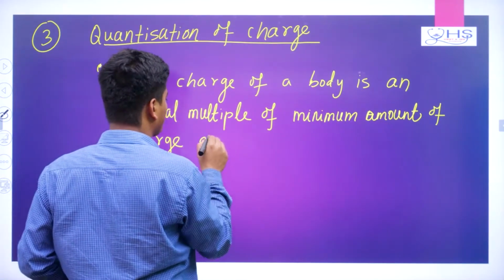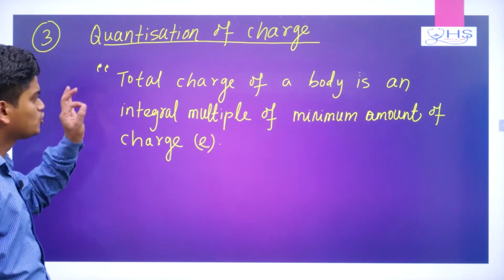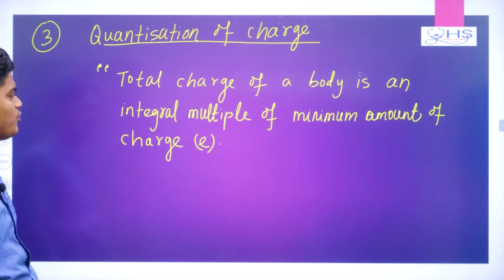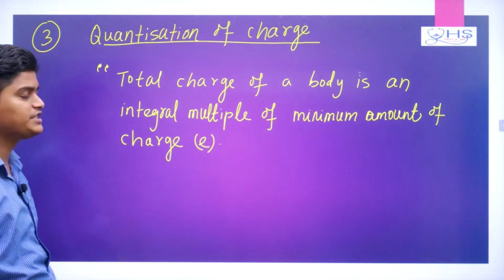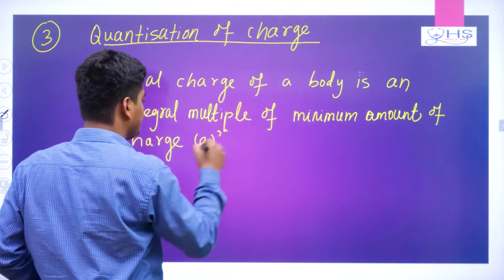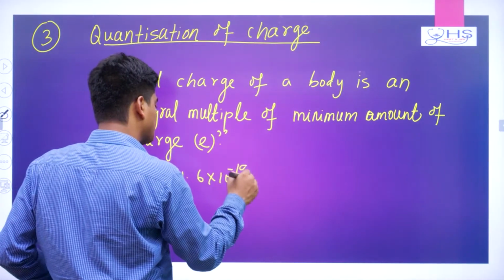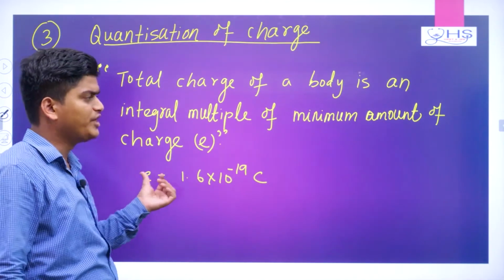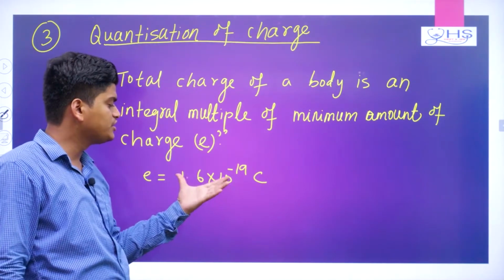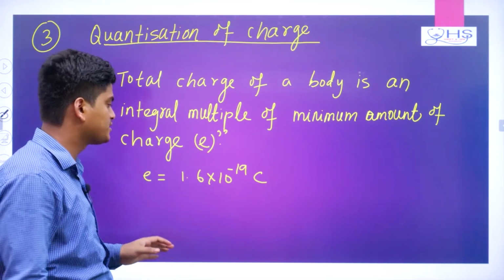So what is that minimum amount of charge? The total charge of a body is an integral multiple of the minimum amount of charge e. So what is this e? Now this e is basically 1.6 into 10 to the power minus 19 coulomb, the minimum amount of charge.